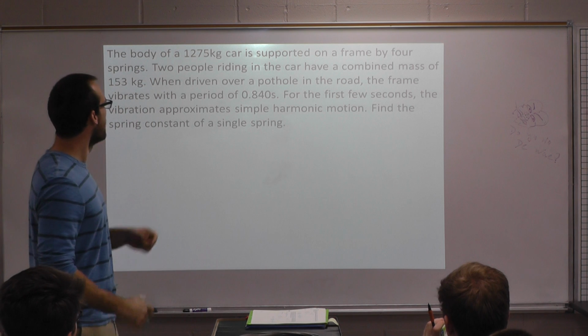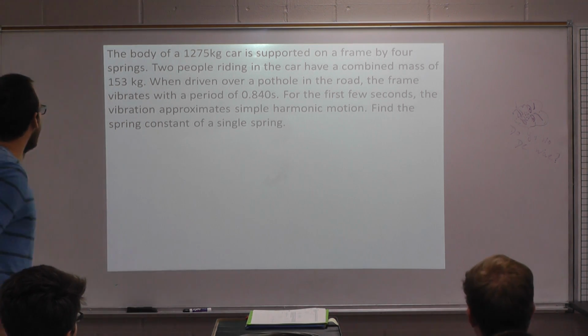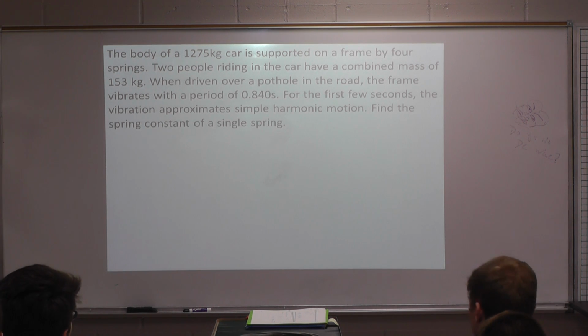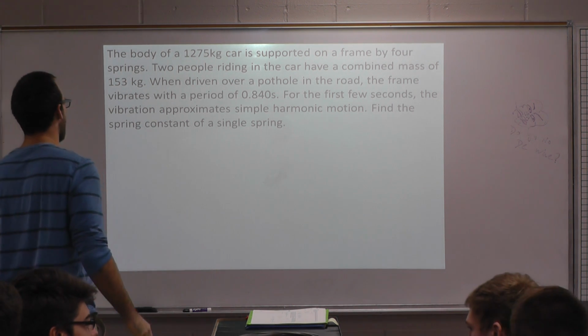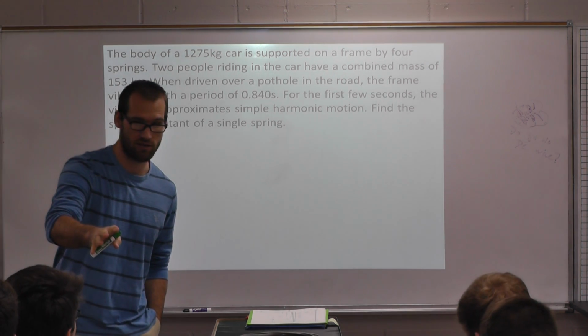Okay, this is a real life example right here. The body of a car is supported on a frame by 4 springs. What are those springs called in real life? Two people riding in the car have a combined mass of 153 kilograms, so there's nothing else in the car.